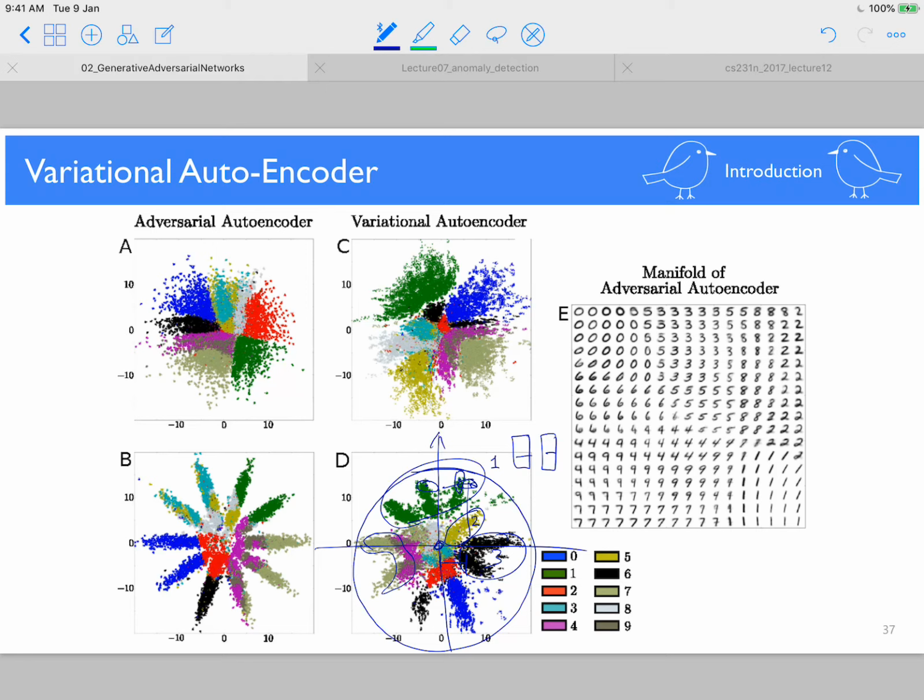So what's the role or effect of regularizing the overall distribution to have zero mean and unit variance?